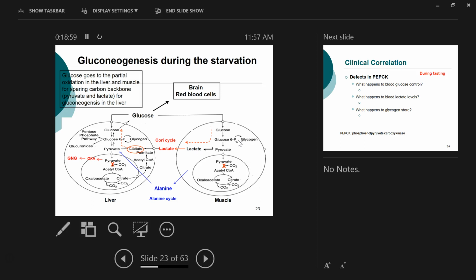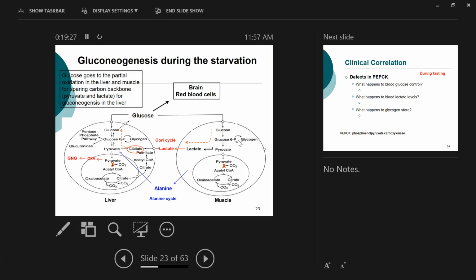And the liver is the main place that synthesizes glucose from precursors. The two cycles, the Cori cycle and the alanine cycle, involve two precursors, right? Lactate is basically from muscle oxidation of glucose and also from red blood cells, right?